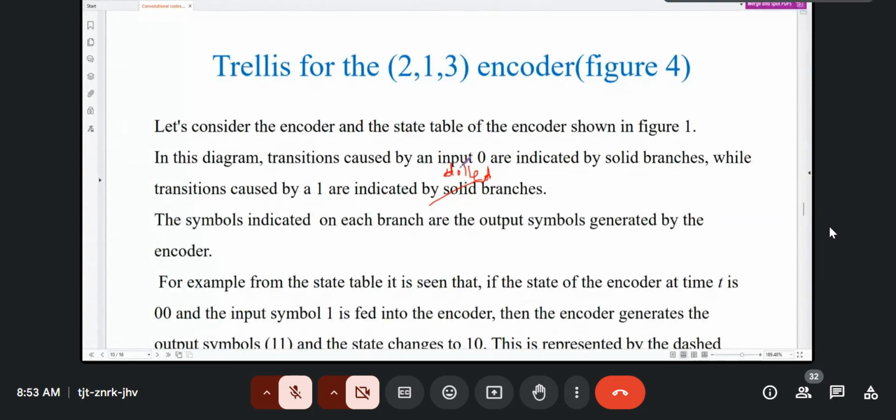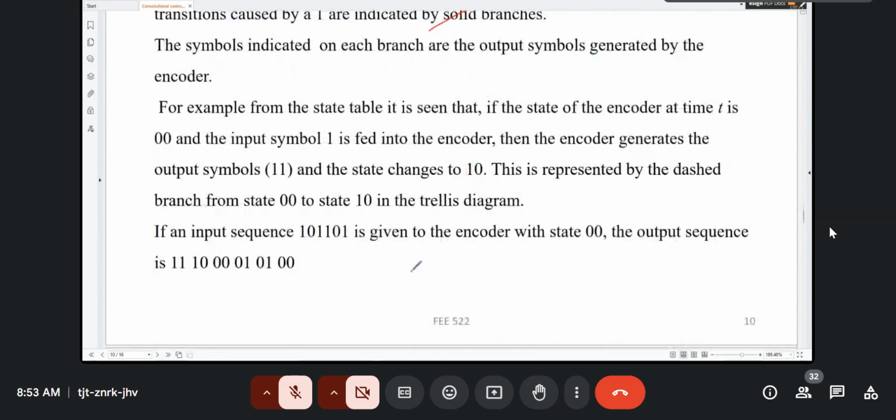I think you can call it dotted. Different branches. Symbols indicated on each branch are output symbols generated by the encoder. I think now we have understood that. An example from the state, it is seen that if the state of the encoder at time t is 0, 0, the input 1 is fed to the encoder, then just explaining what I've been explaining.